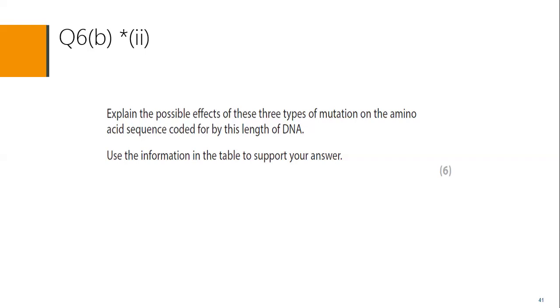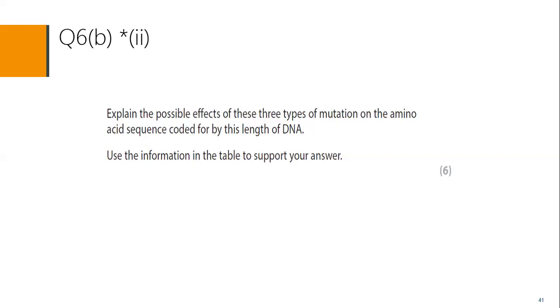So they have got a table which gives them 3 types of mutations, and it gives them a particular length of DNA. It tells them to use the information in the table. In order to gain full marks, they've got to refer back to this specific information.